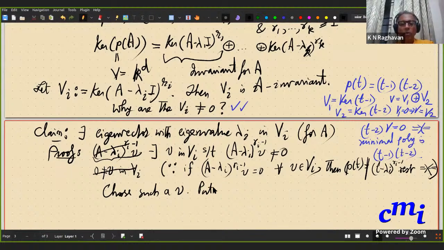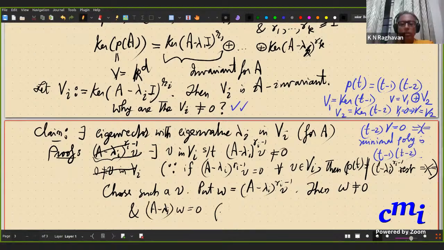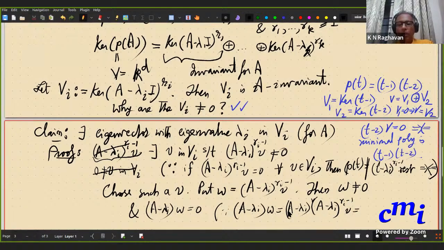Now put W equal to (A minus lambda I) to the Ri minus 1 applied to V. Then W is non-zero, and (A minus lambda I) W is equal to 0, because substituting for W, (A minus lambda I) W is (A minus lambda I) to the power Ri applied to V, but that is equal to 0. Is that all right? Okay.